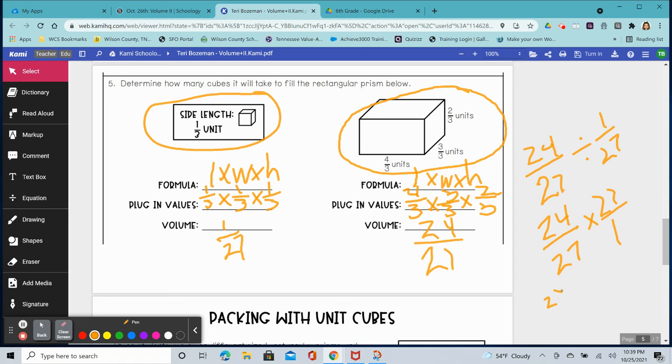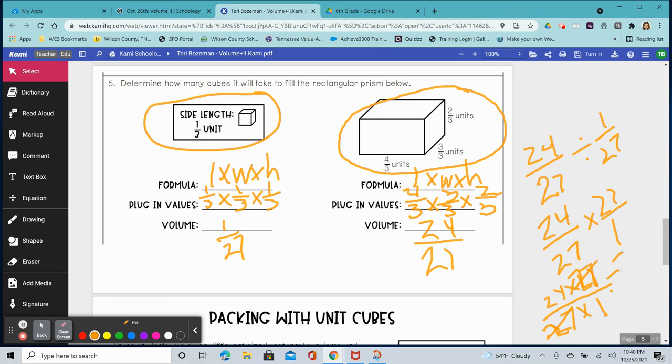If we have 24 times 27 on the top, and then we have 27 times 1 on the bottom, then we can go ahead and cancel these out. 27 divided by 27 is going to give you 1.